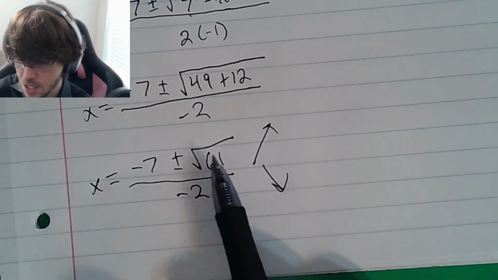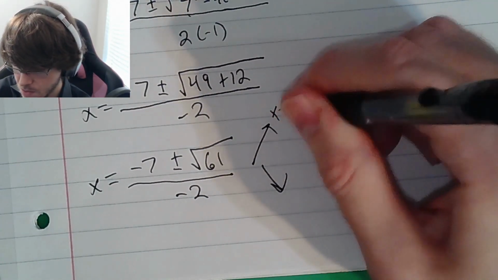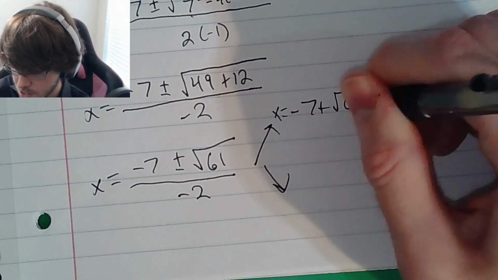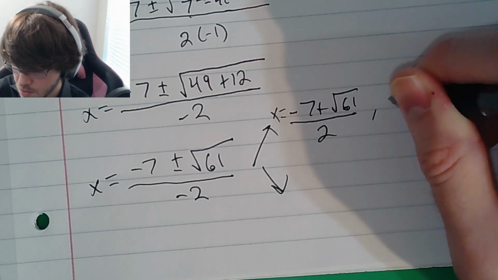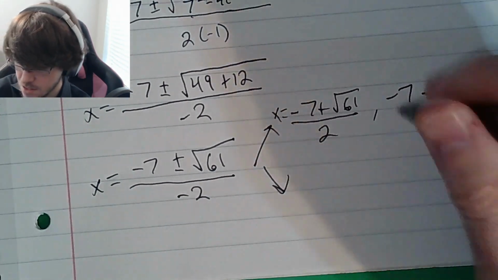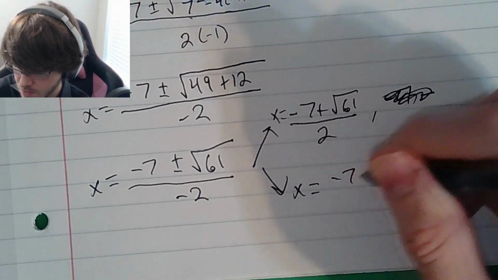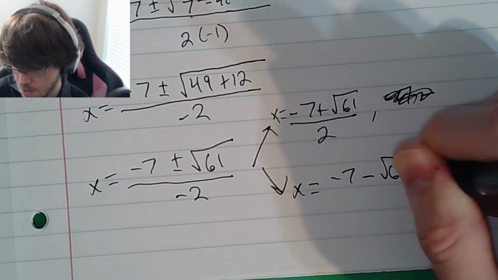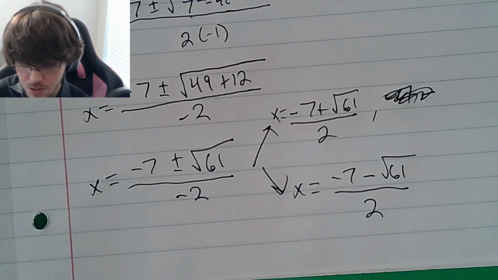The square root of 61 doesn't actually have a square root, so we can't do anything with it. We're just going to write x equals negative 7 plus the square root of 61 all divided by 2. And x equals negative 7 minus, actually, I just drew the extra arrow. We're going to do it down here. X equals negative 7 minus the square root of 61 divided by 2. And there we go. We've gone through two examples.